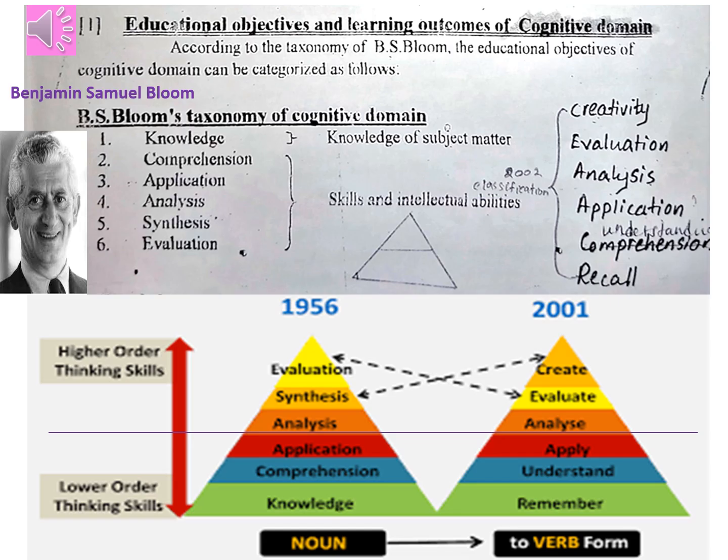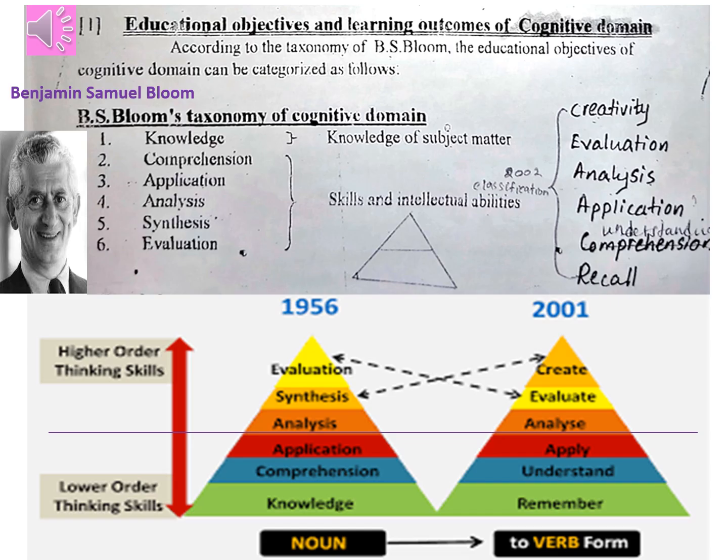You can find questions in ELT also, under that section, lower order questions. Then higher order cognitive abilities are analysis, synthesis, and evaluation.